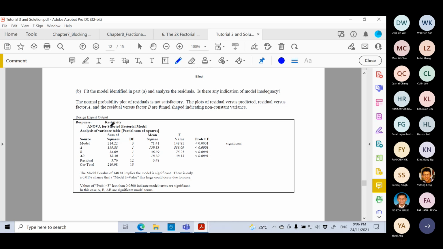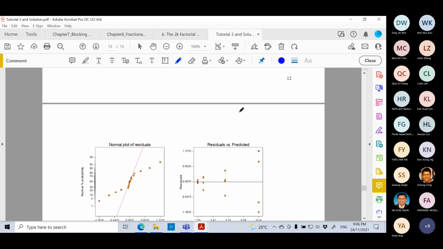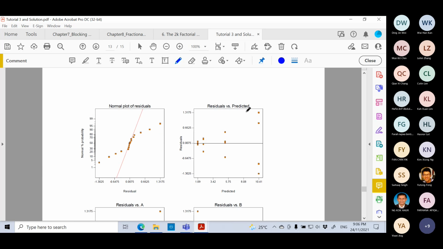The analysis of variance also shows they are important. But when we check the residuals, they have non-constant variance. If you observe here, it is non-constant. Also, your residuals will be here and here. So the normality assumption is not fulfilled.